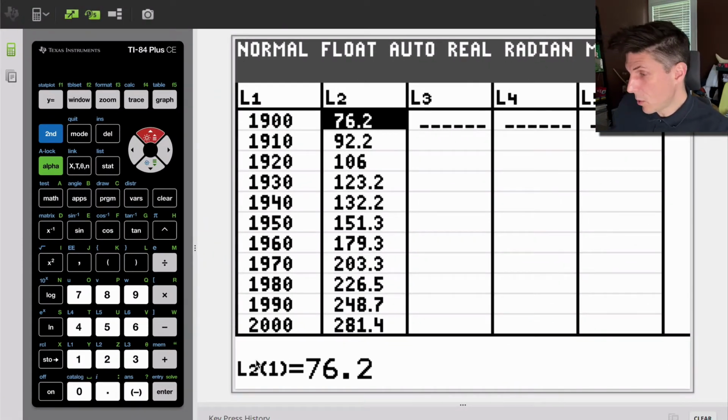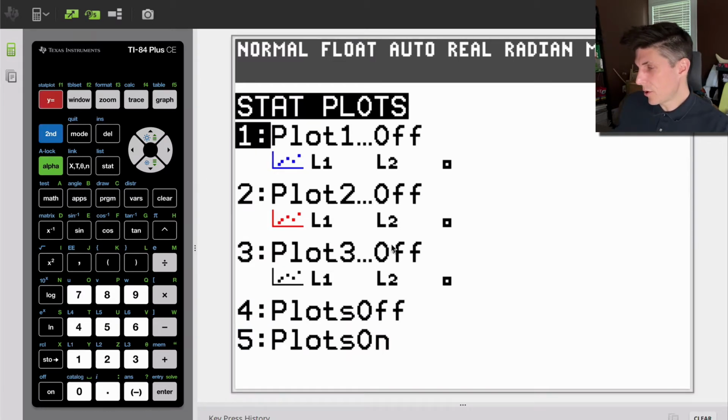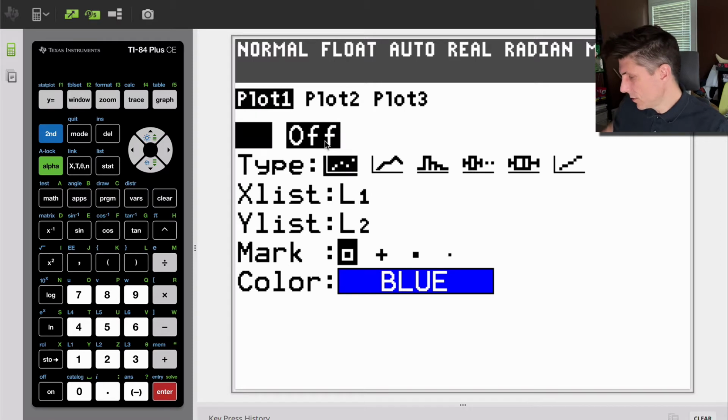So now there's another thing that we could do. We could go to our calculator, press second and then Y equals, and if we turn plots on, see that? Right now Plot 1 is off. Notice how Plot 1 has the option to plot L1 and L2. Let's do it. We're going to turn it on.